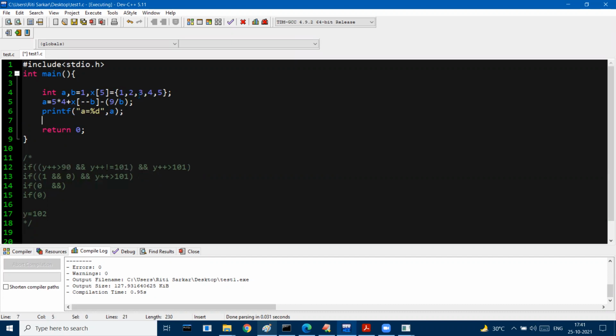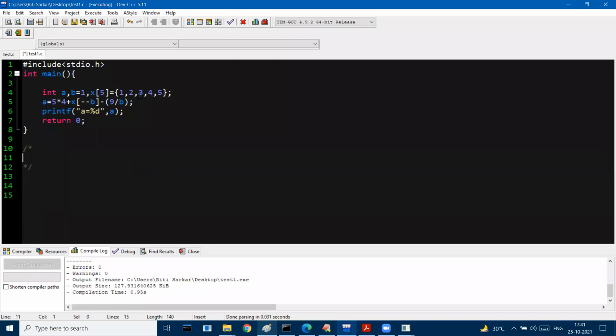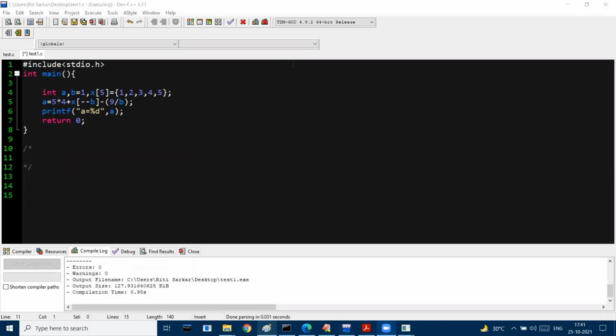Can you tell me, guys, what is the answer in this case that we are going to get? I'm giving you 2 minutes time. Can you evaluate this and tell me the result? Evaluate and give me the result.